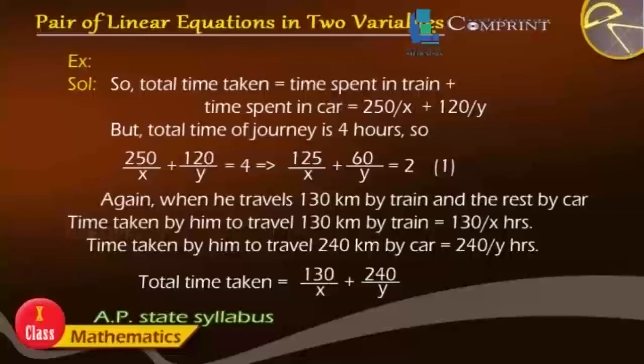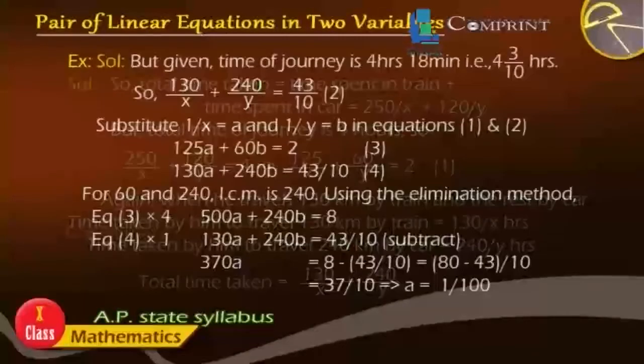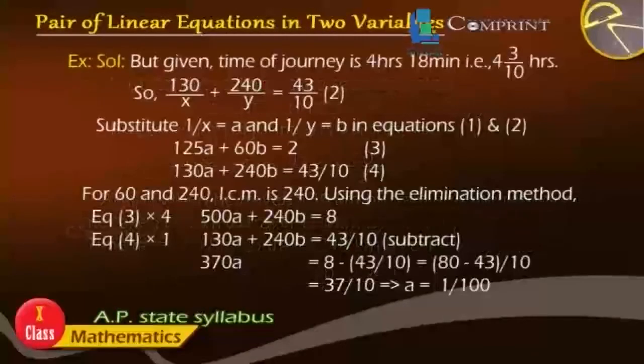Total time taken is equal to 130 by x plus 240 by y. But given time of journey is 4 hours 18 minutes, that is 4 and 3 by 10 hours. So 130 by x plus 240 by y is equal to 43 by 10.